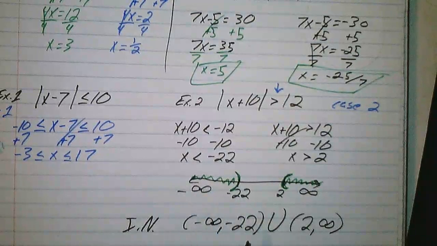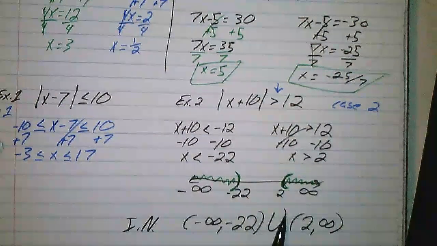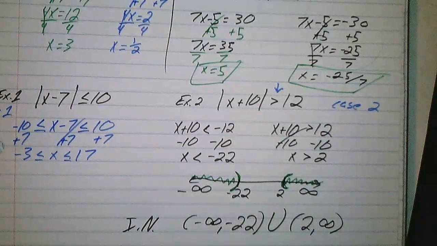Well, it goes from negative infinity to negative 22, and then we stop, unioned with, that's when we have two separate pieces on the number line, and then it picks back up at 2 to infinity. So you can try the other problems from the review, but we'll move on from there.